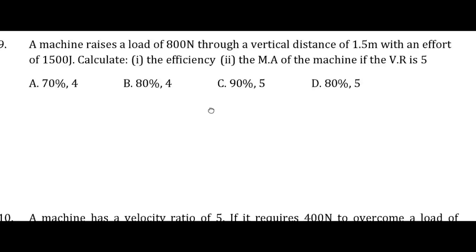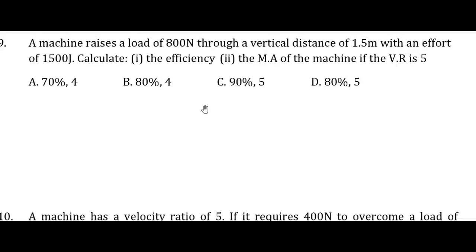Let's move to question 9. A machine raises a load of 800 Newton through a vertical distance of 1.5 meter. So load is 800 Newton and the distance moved by load is 1.5 meter with an effort of 1,500 joule.